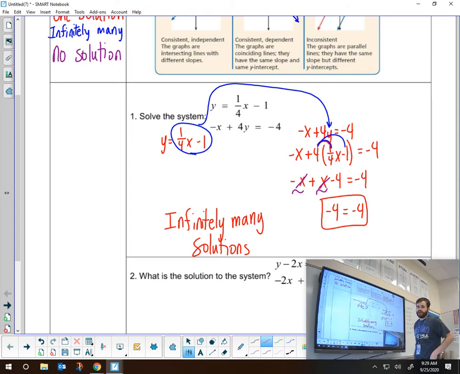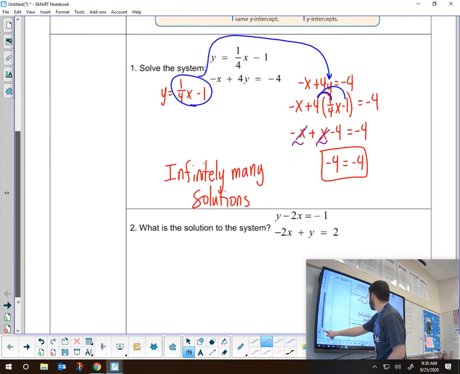And we know that because whenever we go to solve it, my x's cancel out, and I'm left with just two answers that are true. Now, if this wasn't true, if it was like 0 equals negative 4 or whatever, if it isn't true, then it is no solution. But since this one is true, it's infinitely many.